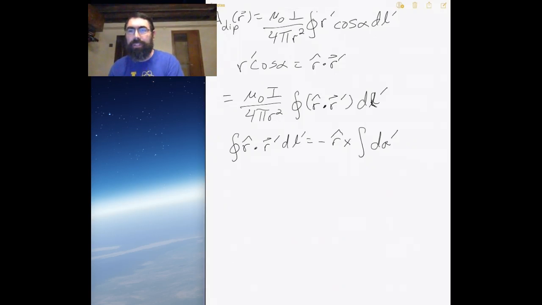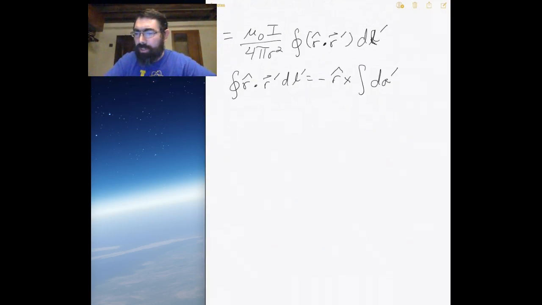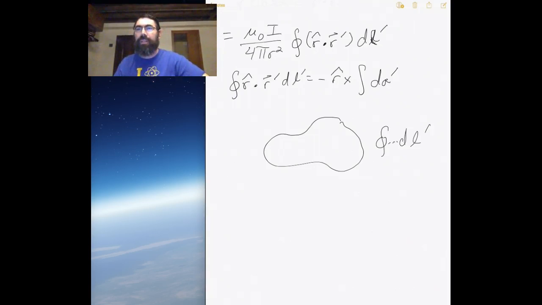And now I get rid of everything, and all I have to do is integrate over the area. And what is this area? The area is the area of the closed loop. So I'm always integrating over a closed loop, with dl and a dot product in front of it. And so that means I'm always forming a surface area right there.